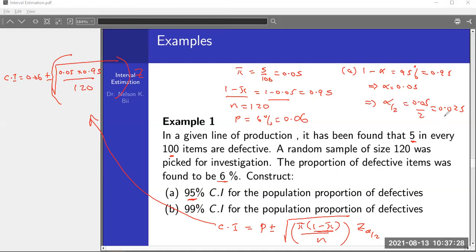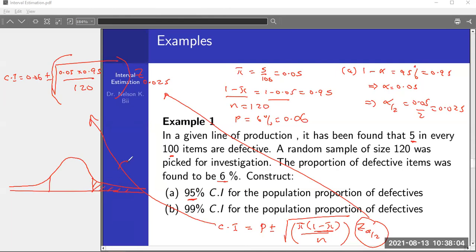Yes. So our Z alpha by 2 will be Z at 0.025. From the standard normal tables that I gave you, can you get the value of Z for which the probability is 0.025?